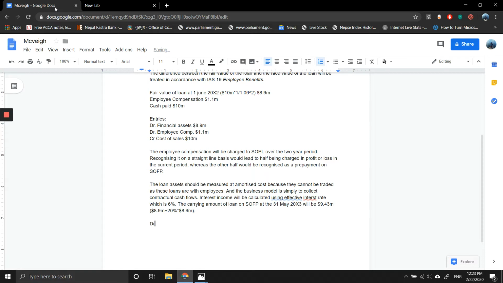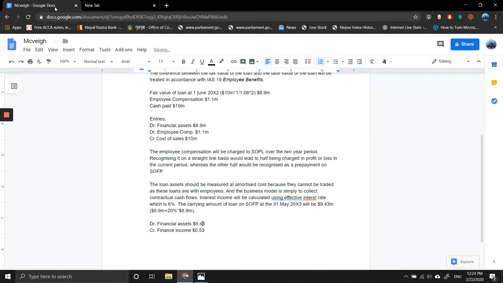And the entry will be debit financial asset 9.43, and credit finance income $0.53.